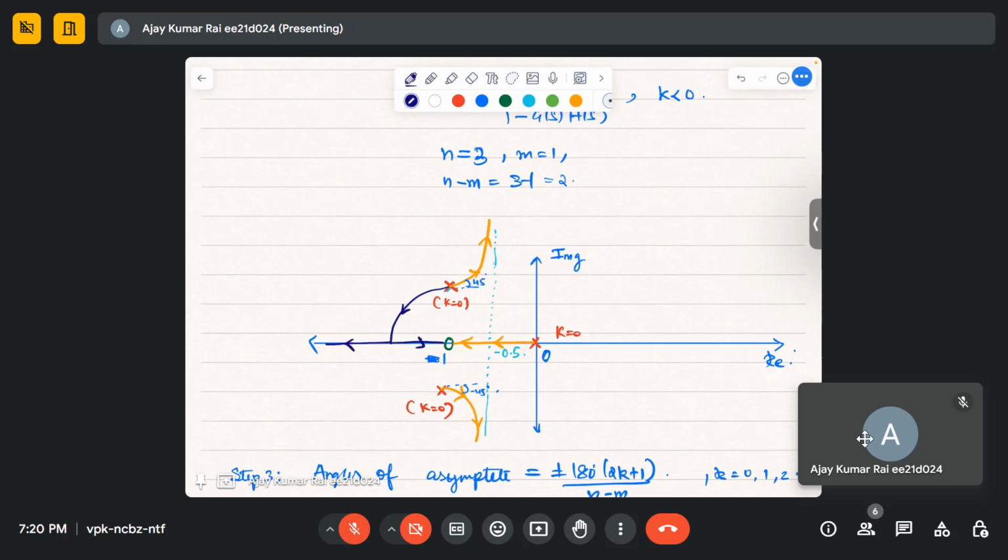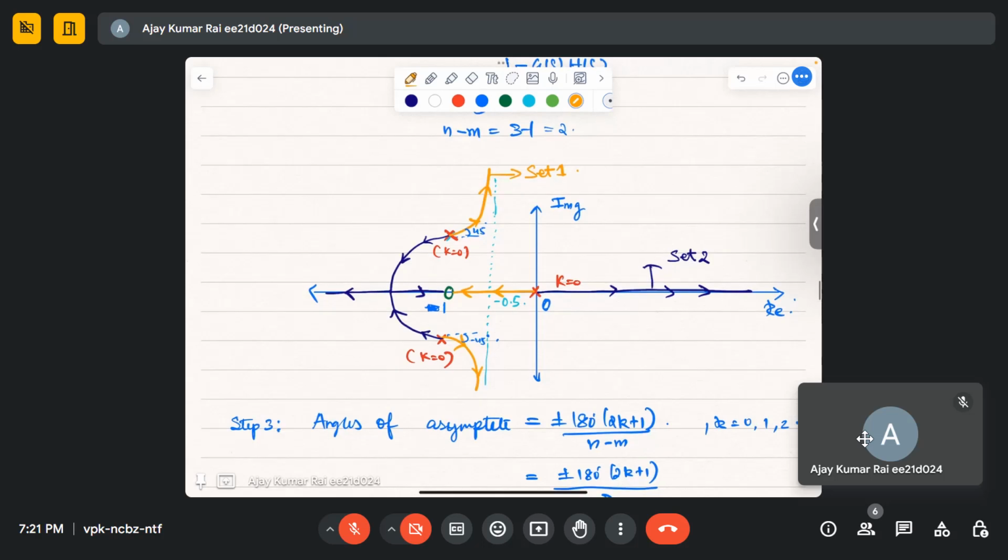And here it's going like this. So this was the root locus. This was set 2 and this one is set 1. Okay, so both the root locus you can see here.